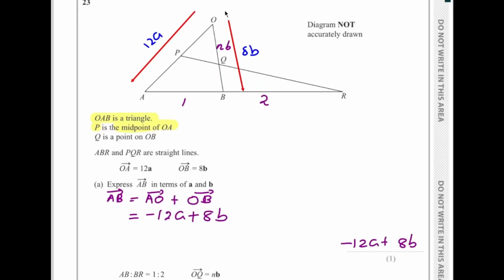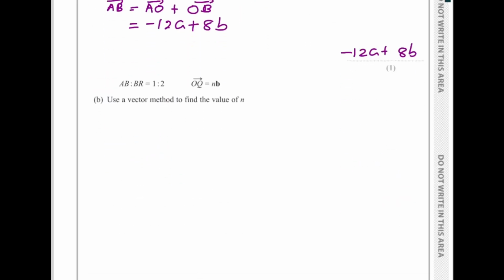When we are getting the ratios of vectors, you have to apply this method. So always write this. Now this is OQ. I'm writing the given one first: OQ is equal to n times b. Let's say this is not given.